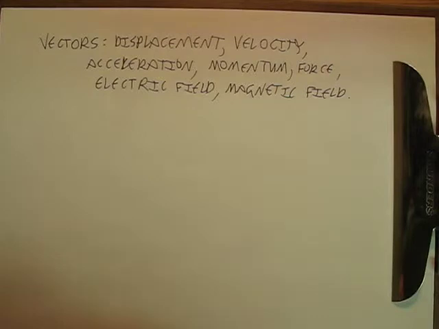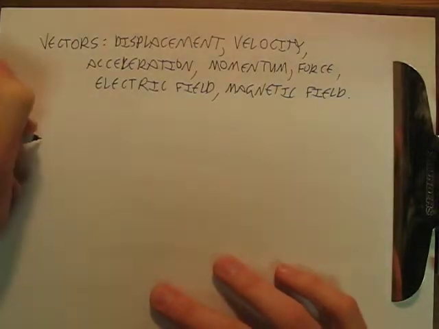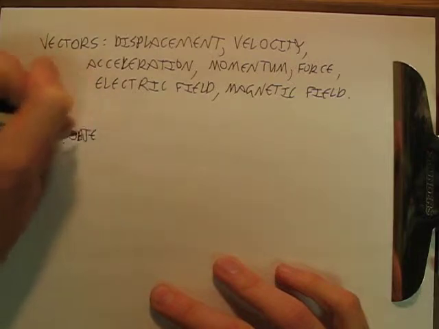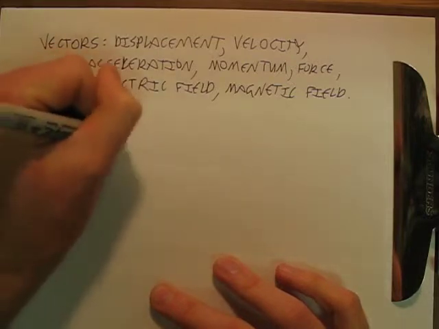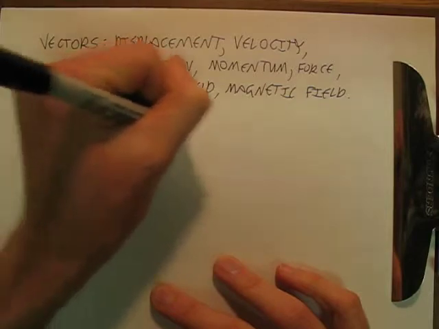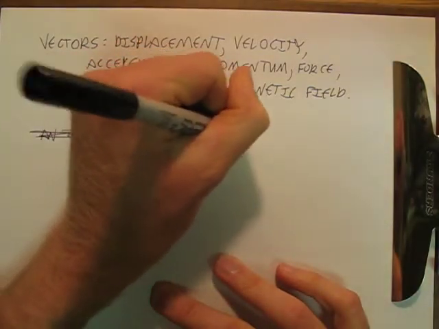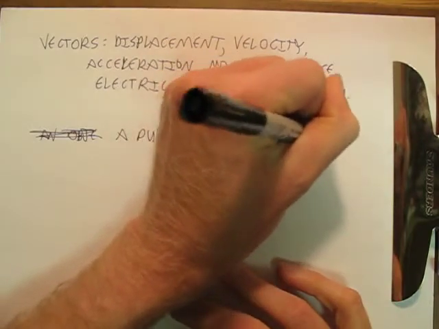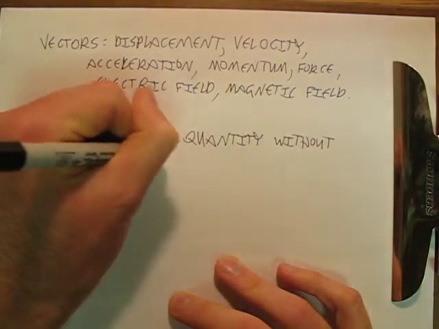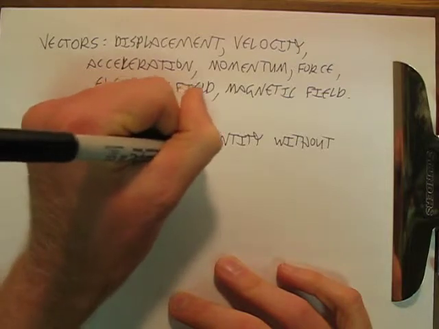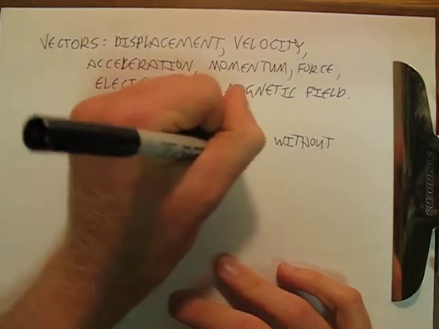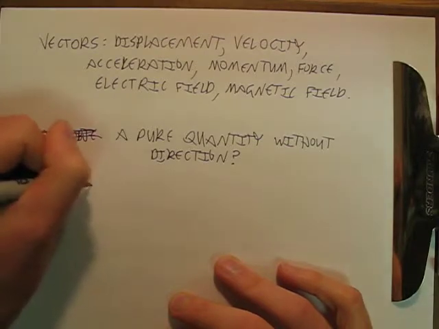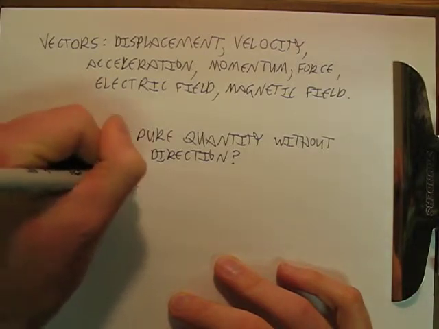Now, what do we call a pure quantity without direction? What are some examples of that? Well, let's say mass, kilograms.